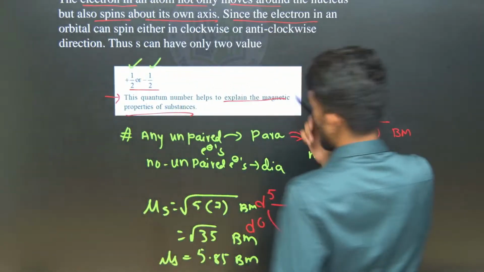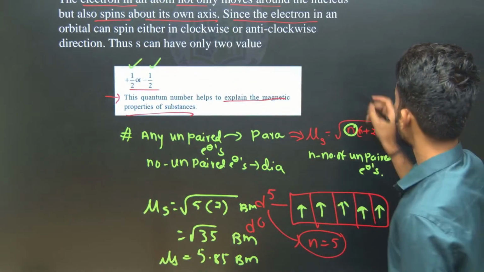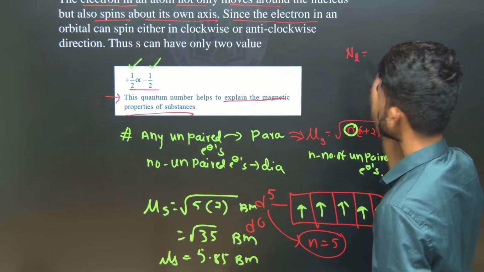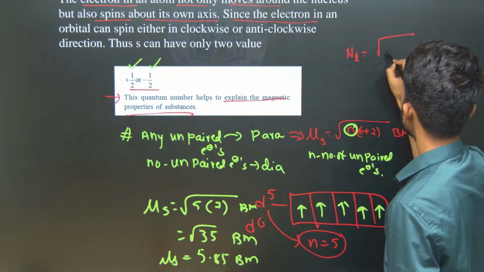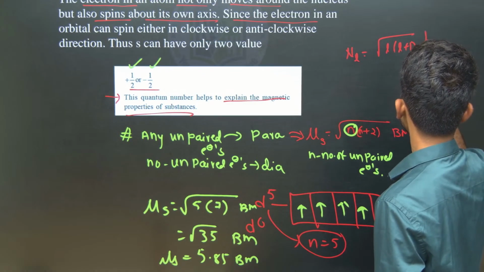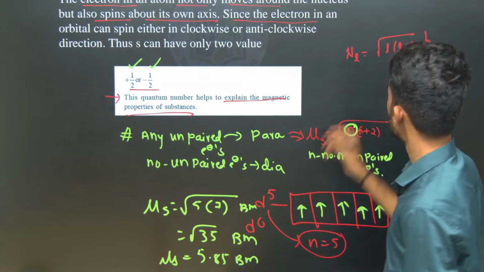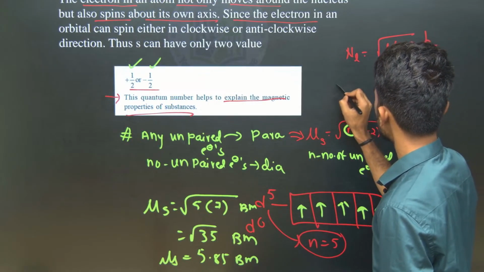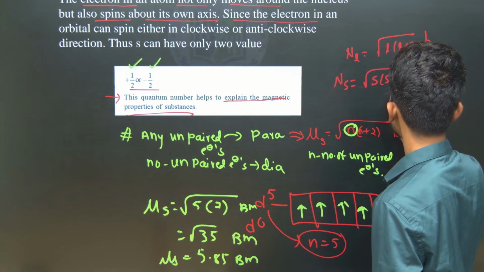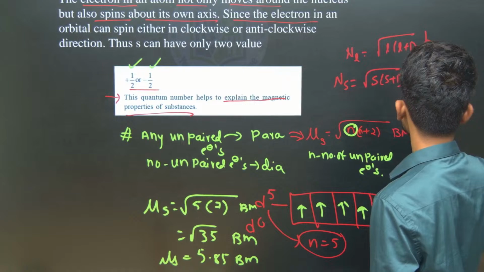Now I told you the orbital angular momentum earlier, that it is root over l into l plus 1, h by 2 pi. Here, the spin magnetic momentum you can calculate as root over S into S plus 1, h by 2 pi. So what is this S?